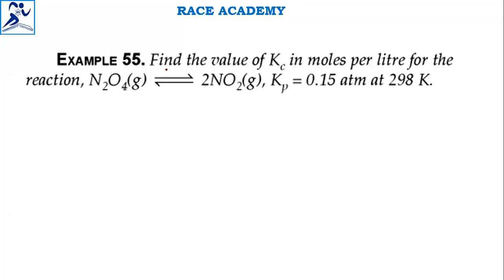See the next question. Find the value of Kc in moles per liter for the reaction N2O4 gives rise to 2NO2. Kp value is given as 0.15 at 298 Kelvin. In this question, the number of moles of NO2 is 2 and N2O4 is 1 mole, so delta N can be easily calculated as 2 minus 1, which is 1.